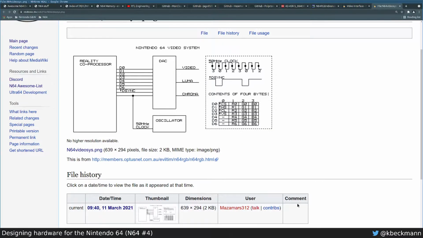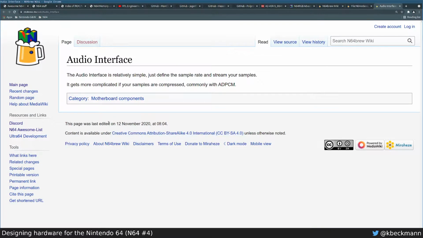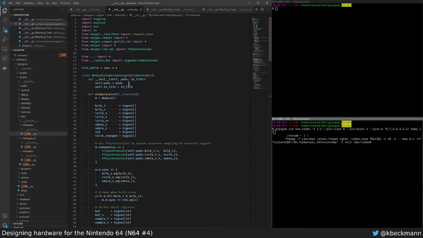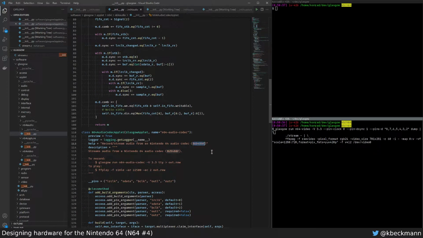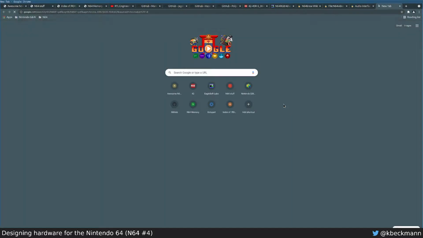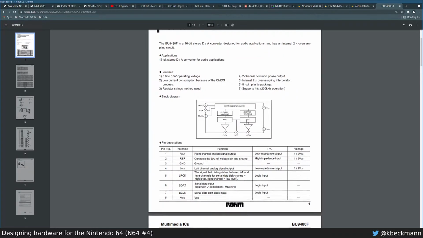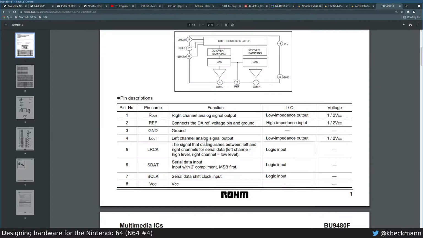So let me show the datasheet. I think we looked at that on the previous stream. Let's see if there's an audio interface. Maybe I wrote down the name of the chip. Yeah, there we go. On the Nintendo 64, there is a DAC for audio, and it works like this.